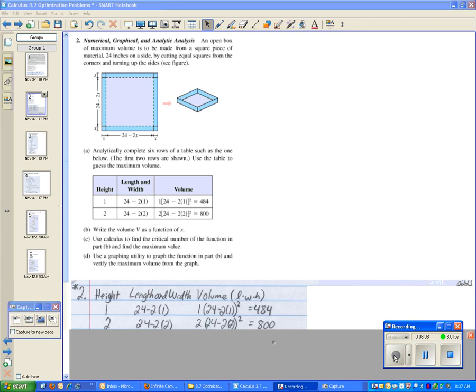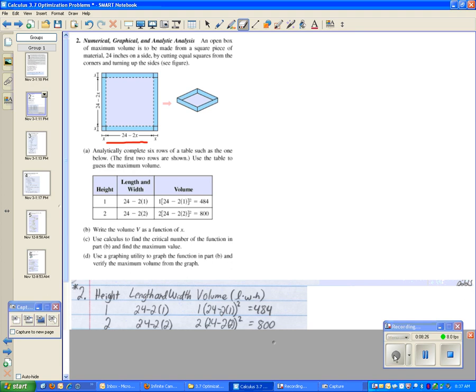So when the height is 1, the length and the width start off at 24, and then you cut 1 inch from each end, so you take off an inch there and an inch there.